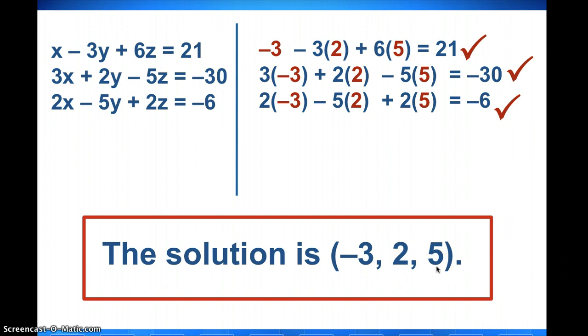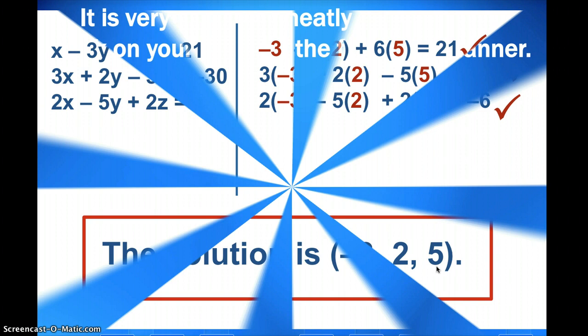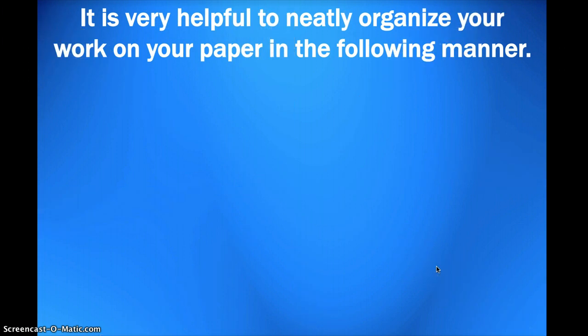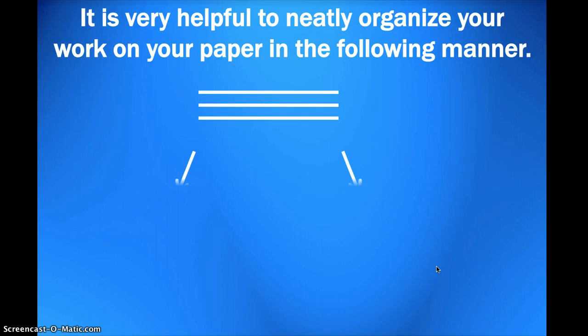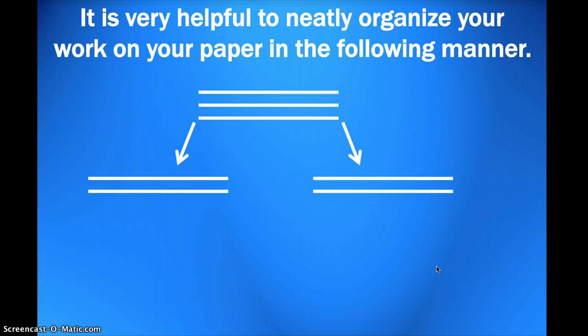At this point, I am going to tell you that it's important to neatly organize your work on your paper. Remember the three original ones. Choose two. You can do 1 and 2, and then equations 1 and 3. Then you eliminate the same variable.